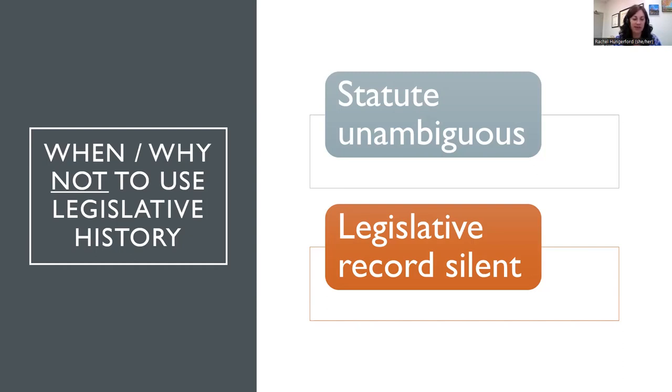you know, it may seem obvious not to include the lack of legislative history in your brief, but I think there's a temptation to use the silence of a legislative record to show intent or the lack thereof, to say, for example, the interpretation that my opponent is proposing, is advocating for, can't possibly be what the legislature had in mind, because there's nothing in the legislative history that indicates that.